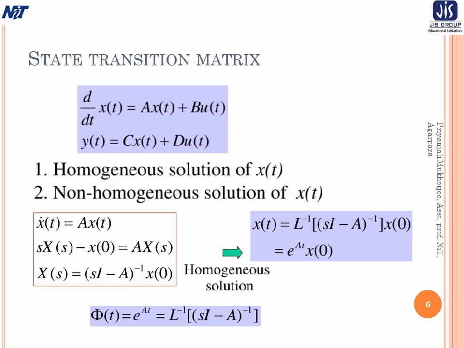The Laplace inverse of (sI - A)^-1 gives us phi(t), and this phi(t) is known as the state transition matrix of the given system. Now the state transition matrix is the inverse Laplace transform of the resolvent matrix.